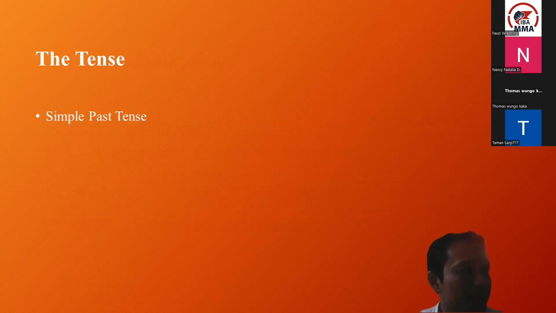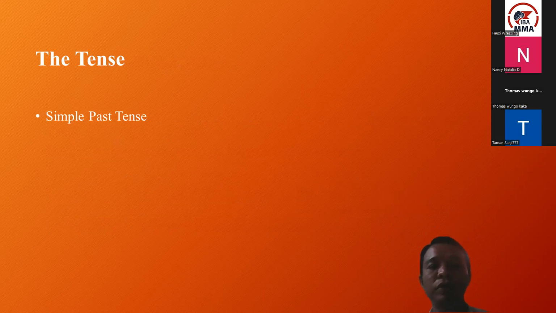Okay, the tense. So what kind of tense is usually or mainly used in the narrative text? Okay, the main tense used here is simple past tense.